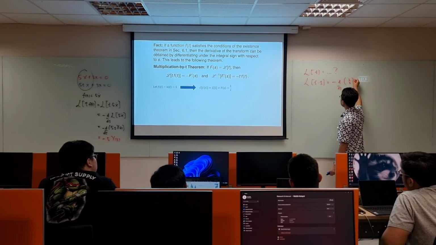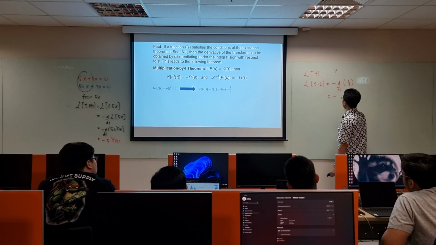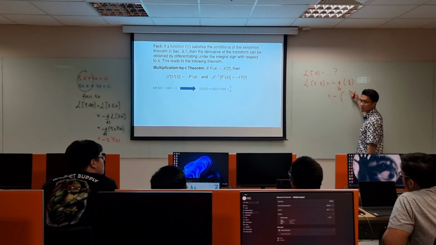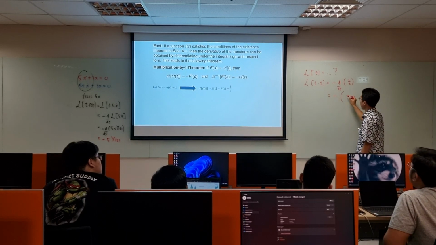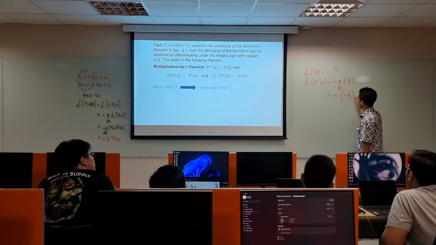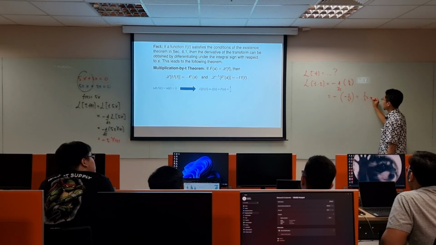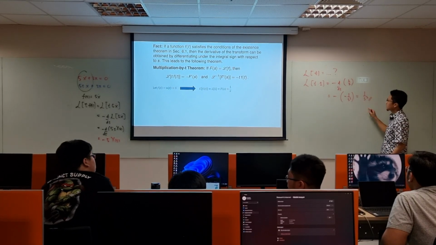What is the Laplace transform of 1? 1 over s. So this is minus d over ds of 1 over s, which is minus of minus 1 over s squared, equal to 1 over s squared. And this is basically the Laplace transform of t.